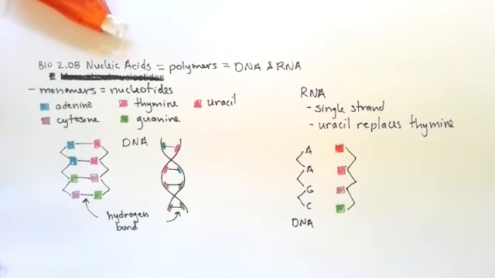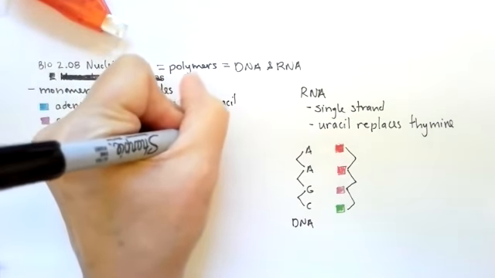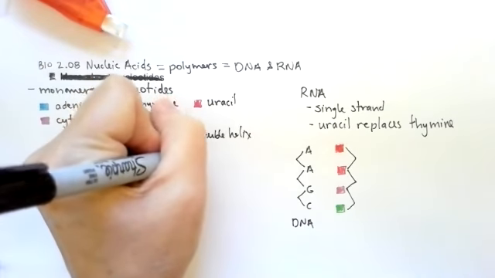The other thing that's different between DNA and RNA, so here we have a double helix shape. It's always found in the nucleus.